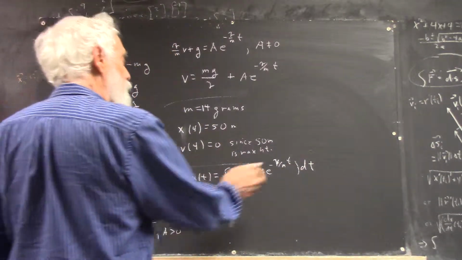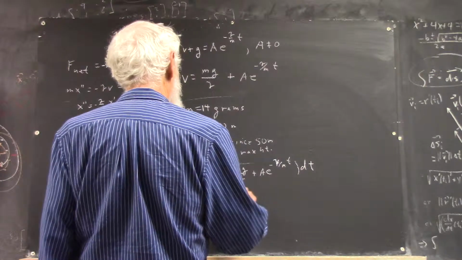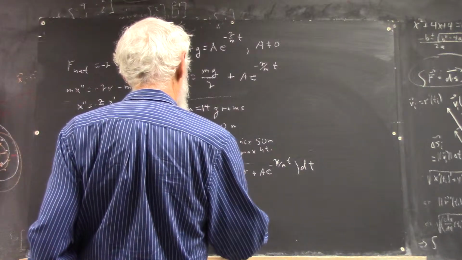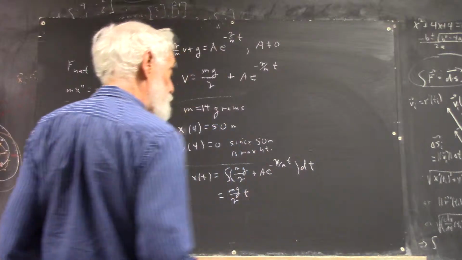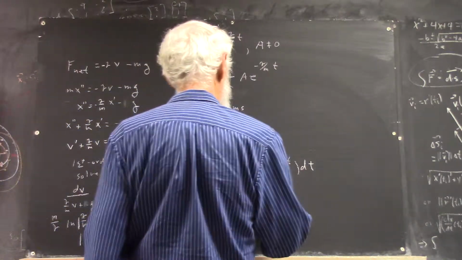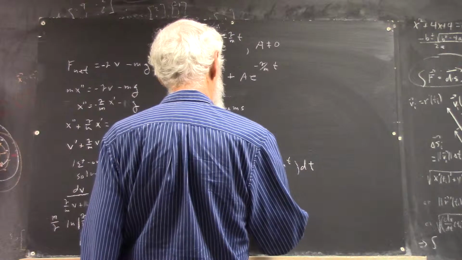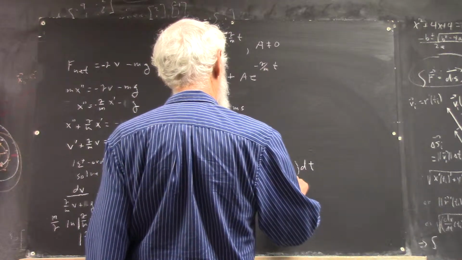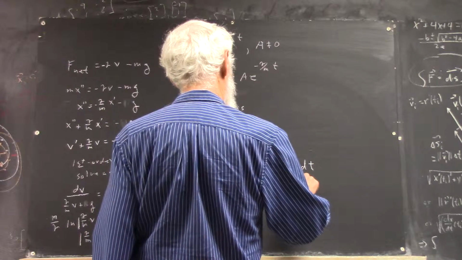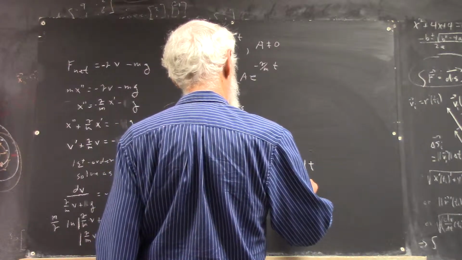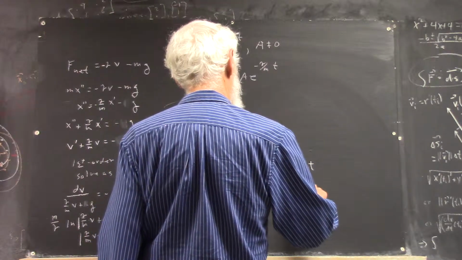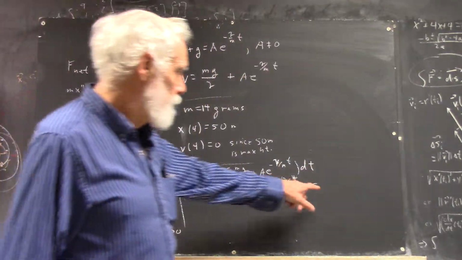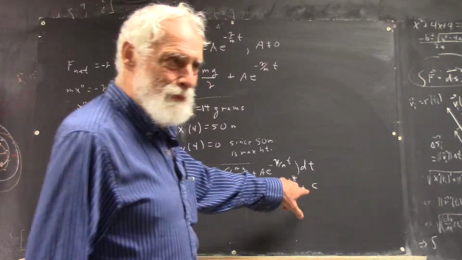So anyhow, our antiderivative is very easy: mg over gamma times t, minus m over gamma times A times e to the negative gamma over m times t, plus an integration constant that I'll call C. And there's where you had a little uncertainty.